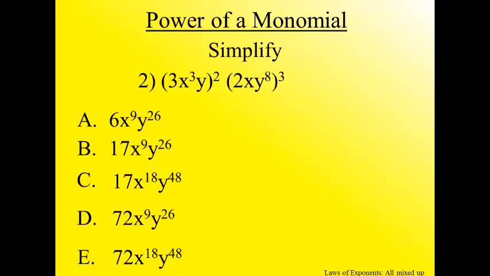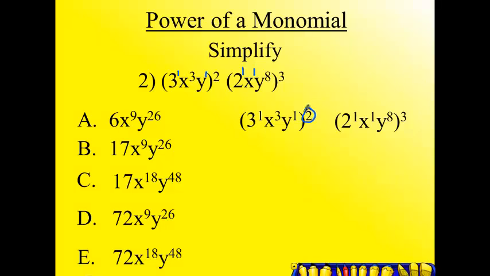Alright, second example. Again, I'll just write the exponent of 3 as 1, exponent of y is 1, exponent of 2 is 1, exponent of x is 1. Next, we can now distribute this exponent. So you will have now 3 raised to 1 raised to 2, that's just 3 squared. x raised to 3 raised to 2 is x6.